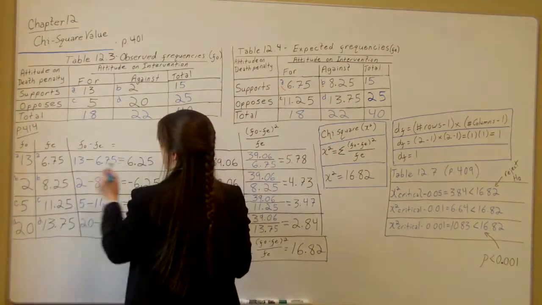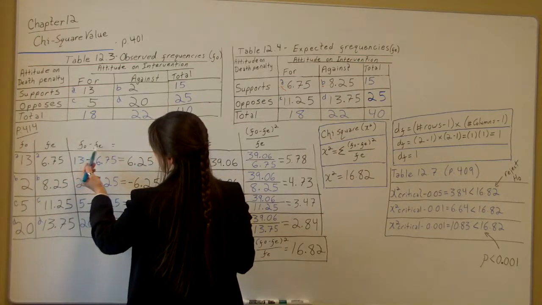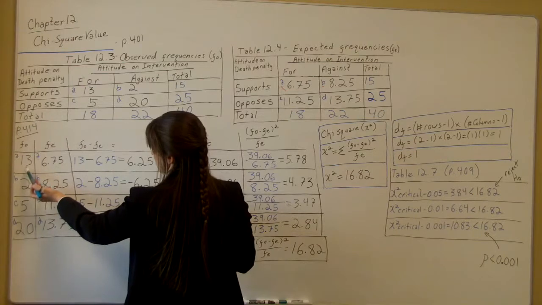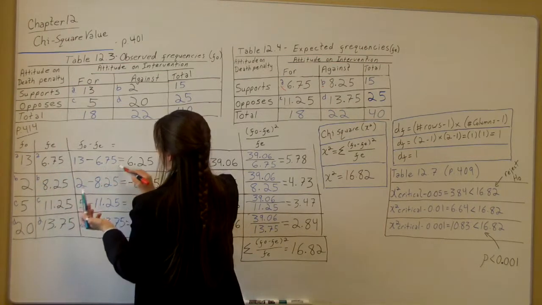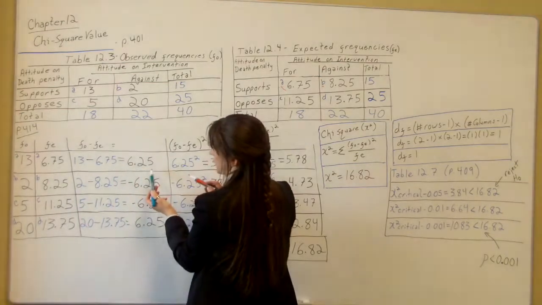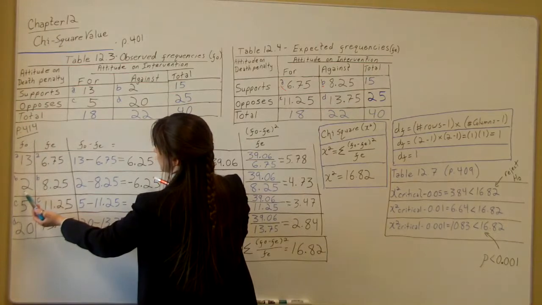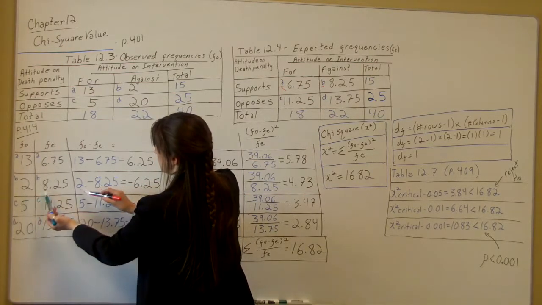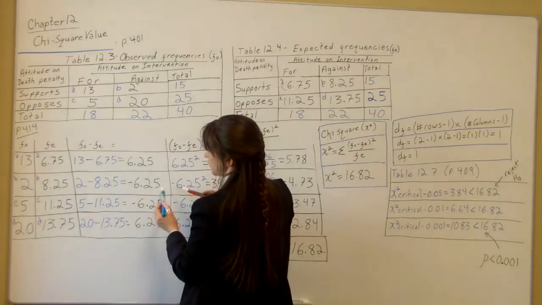Then you work your way across. Your observed frequency minus your expected frequency: 13 minus 6.75 equals 6.25. Working down, your observed frequency 2 minus the expected frequency 8.25 equals negative 6.25.